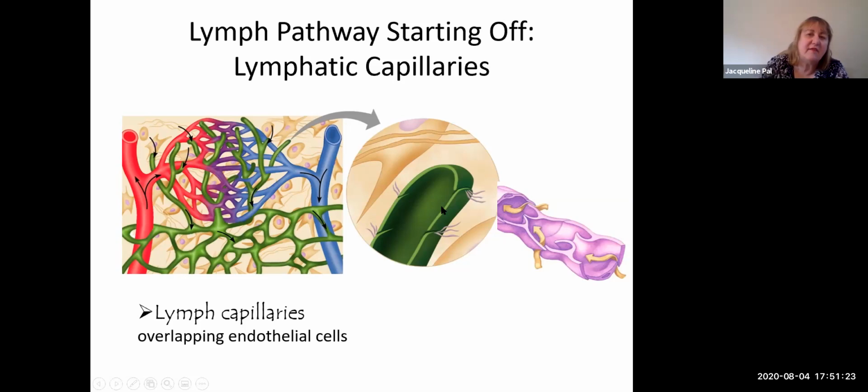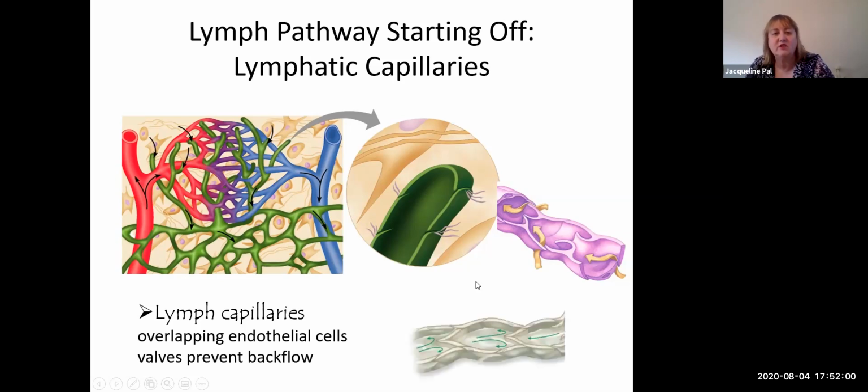They are nestled in among the other capillaries, and they do not have three tunicas. They're very similar to capillaries in that they are a simple squamous epithelium. However, there is no basement membrane around it. So think of them more like shingles. If this is the inside of the lymphatic capillary and this is the interstitial space out there, as the pressure increases outside, that pushes on the shingle, pushes on the simple squamous cell, opening a little gap for the fluid to easily enter into the lymphatic capillary, as seen with these yellow arrows.